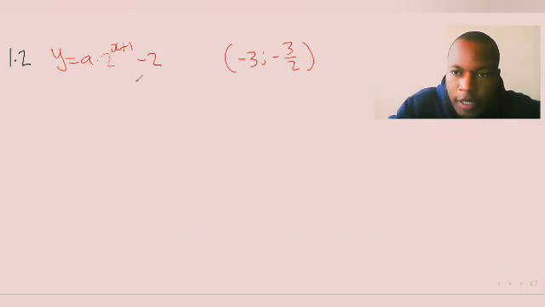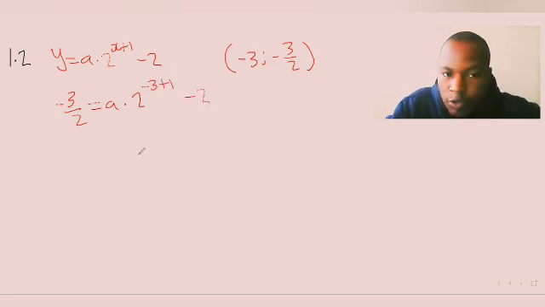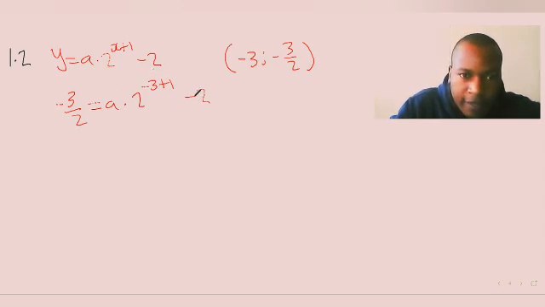To solve for a, we would need to sub in the point. So that would be -3 divided by 2 for the y, a multiplied by 2 to the power of -3 plus 1, minus 2. Now we can maybe just simplify one side. We will move the -2 to the left-hand side.